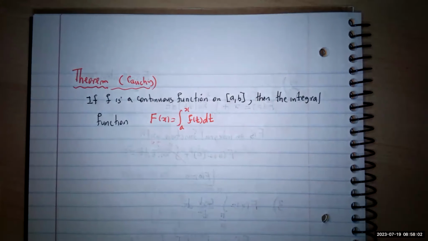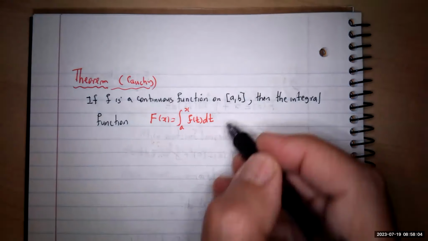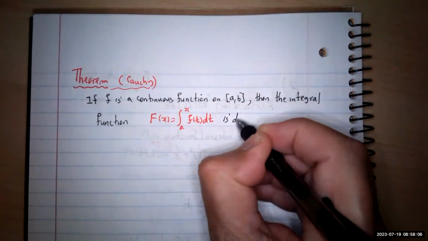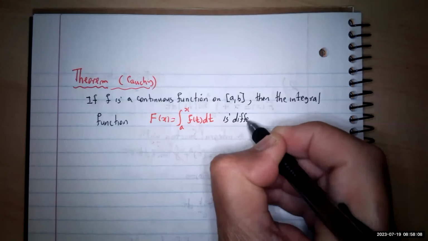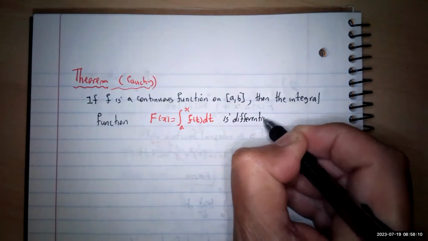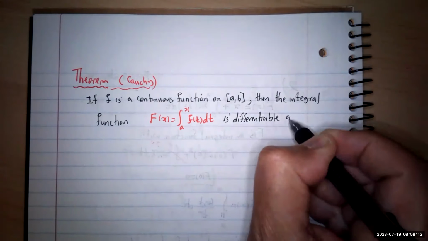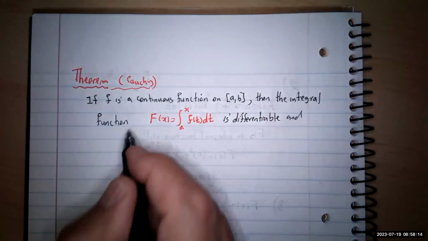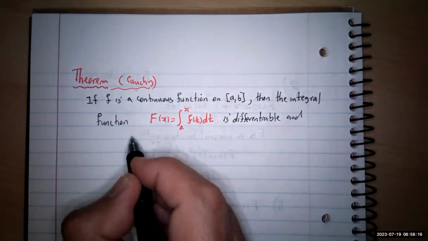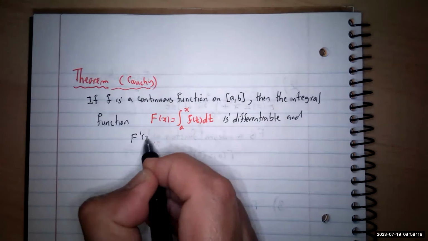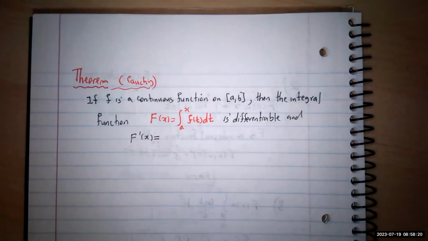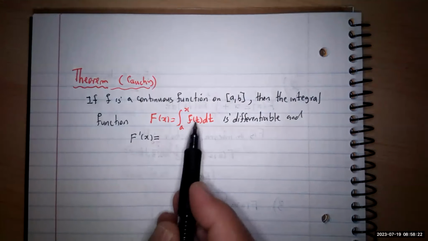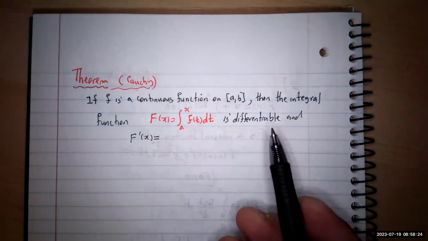This function is differentiable, and the derivative of the function, F prime of x, remember the one that we talked about: you wanted to find the derivative of an antiderivative of a function. The result is a function.